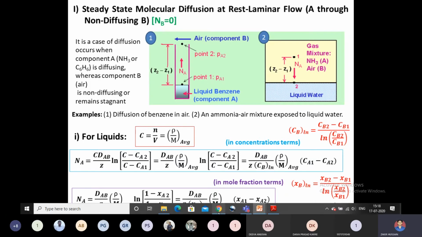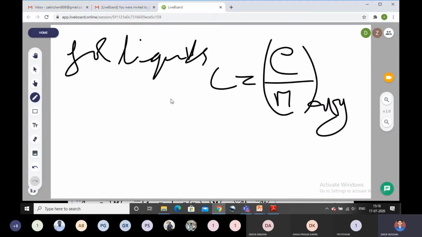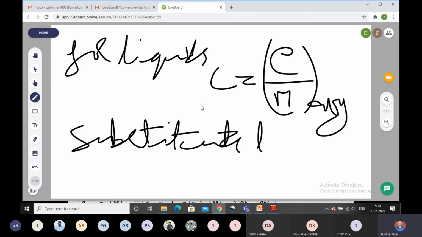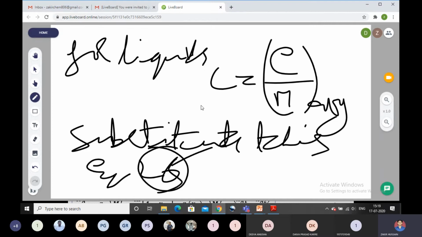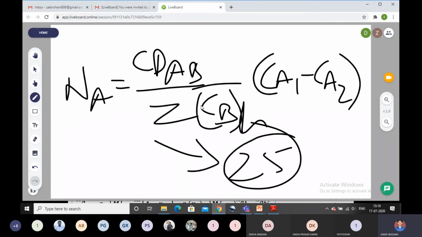From the Liveboard we can see that for liquid, C is equal to rho by M average. So this we have to substitute in the previous equation, equation number 25. In place of this C, we have to substitute rho by M average.